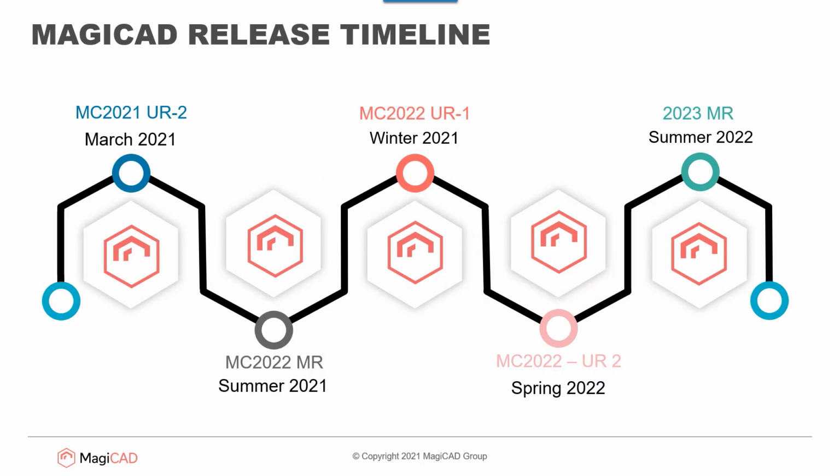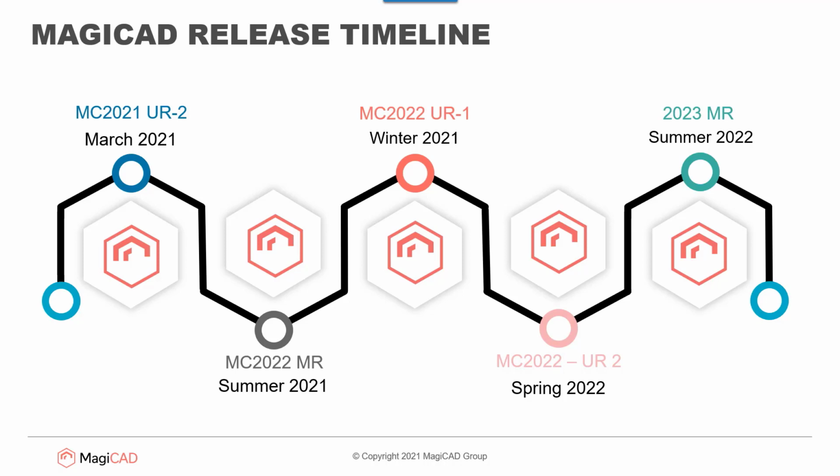As you can see on this next slide, this is our MagiCAD release timeline. So how it works with our releases within MagiCAD, we have 3 releases a year. That is in line with the release of the new versions of Revit. So that would be, in this case, this one that's being released this summer, which is the MagiCAD 2022 main release. So that is released in line with the new version of Revit.